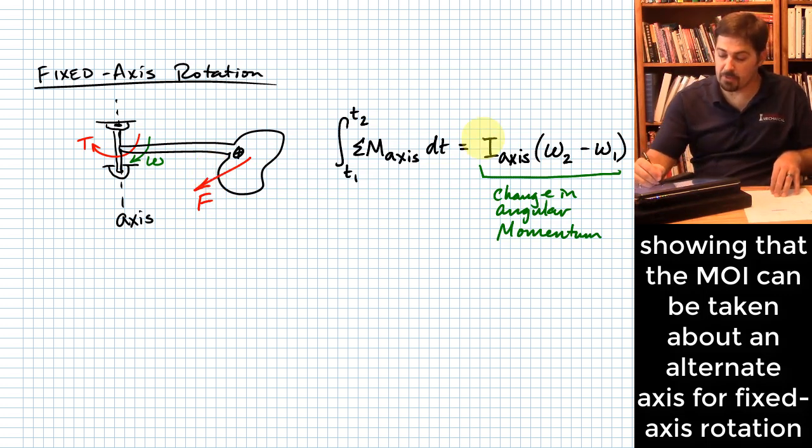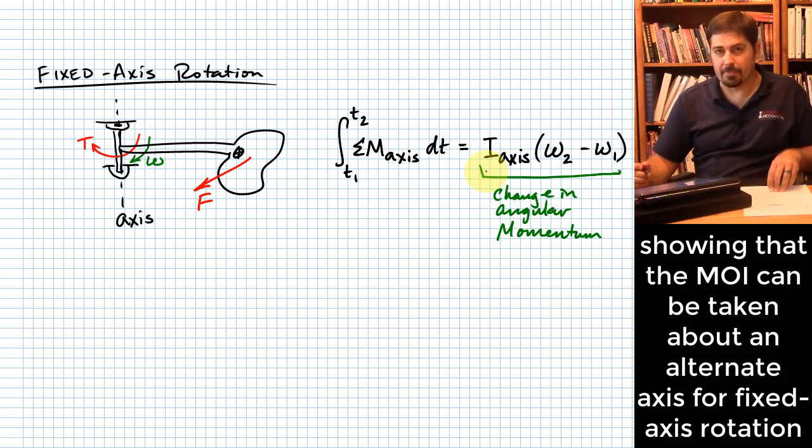Whereas if you take this moment of inertia specifically about the axis of rotation, then that takes care of that without needing an extra term in there. And that's definitely going to come up in the example problem that we work. And so we're going to start that right now.